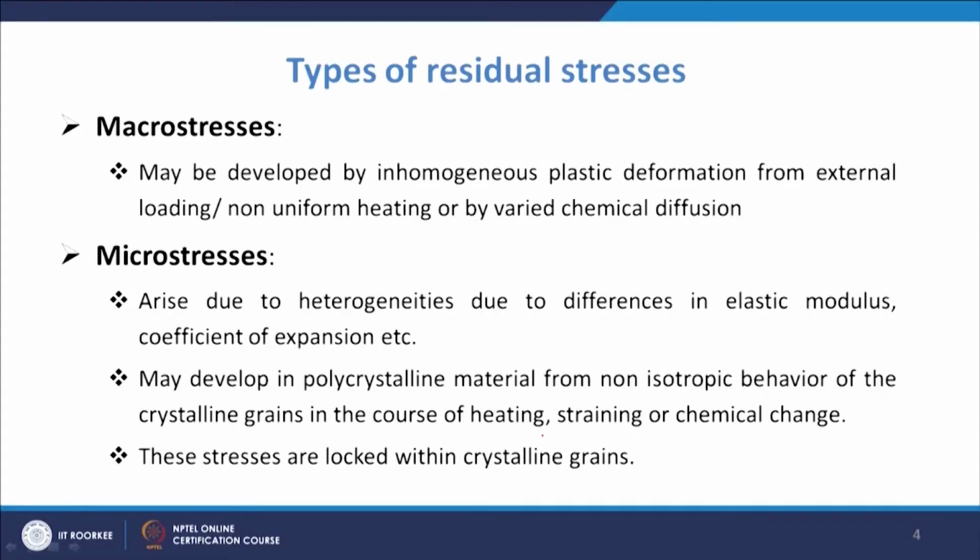Then they also are developed because of the metallurgical transformations of the individual constituents. That may be by different processes, like precipitation or phase change. So these are the examples of the micro stresses.